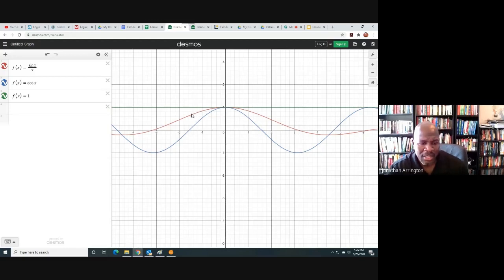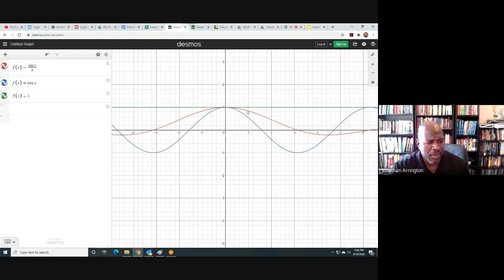Just think about it: if this function is squeezed between these two in an interval containing c, here's my c, in this case it's 0, and their two limits are the same at that x value, then the inside function has to be the same. Again, remember, it's squeezed in between the two. So if those two outside functions have the same limit, the function in the middle has to have the same limit. That's the rationale behind the squeeze theorem.